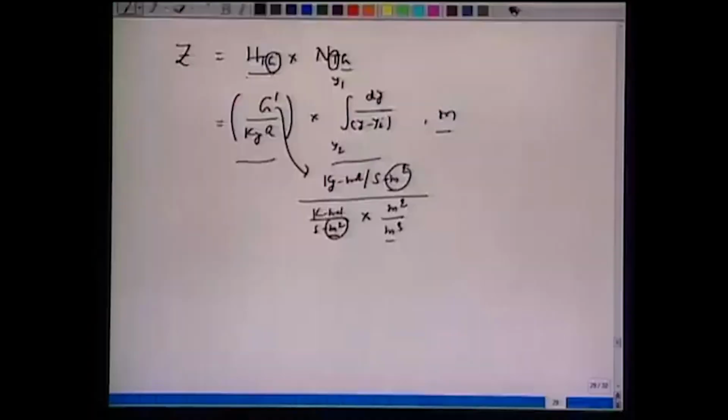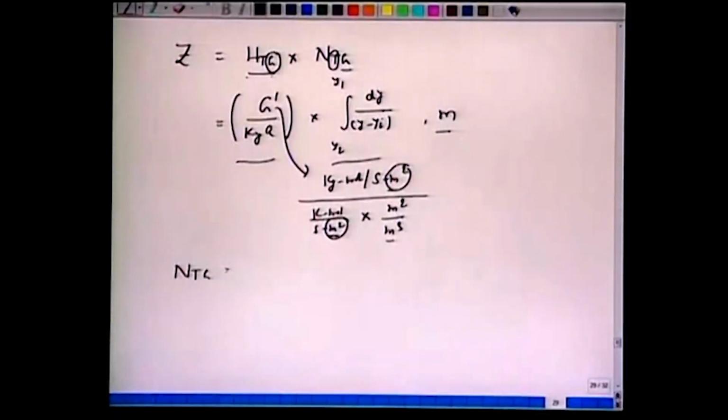Look at the expression for number of transfer units. This NTG is the integral from y2 to y1 of dy over y minus yi. If we make this integration, we can also write it as y1 minus y2 over the average of y minus yi.